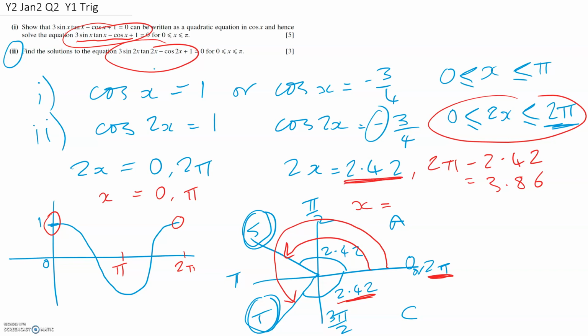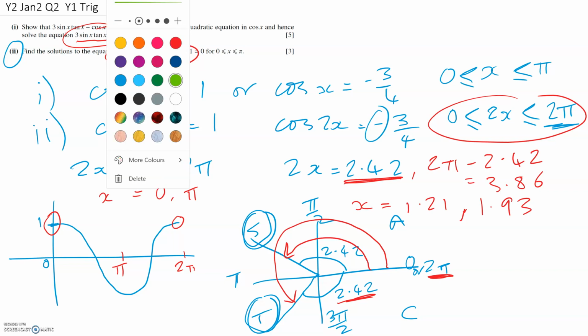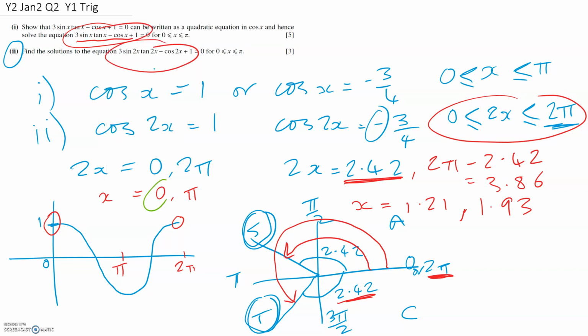We divide 2.42 by 2, which gives us 1.21. And we divide 3.86 by 2, which gives us 1.93. So we have 4 solutions to this, and the 4 solutions are 0, pi, 1.21, and 1.93, all in radians.